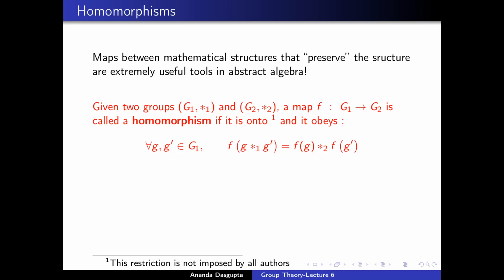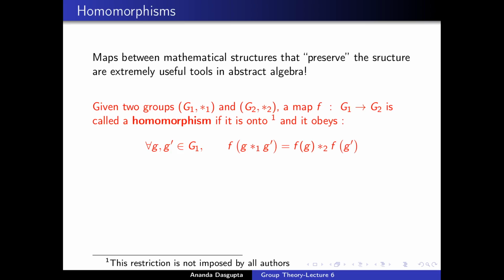We are going to stop being so detailed. But for the time being, because we are introducing the concept of maps between two groups, we want to be precise here. We have two groups, (G1, star 1), that is, the underlying set is G1 and the composition rule between elements is star 1, and (G2, star 2). Maybe a different underlying set, maybe a different composition rule.